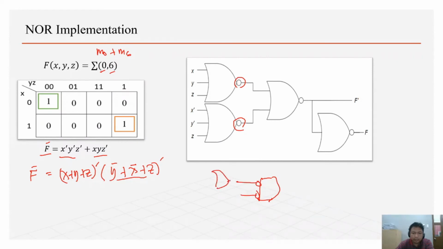And then, OR na may bubble, OR na may bubble. Okay? So, parehas lang sila. So, this, again, can be represented by OR gate. Now, if you want to get the function f, na hindi siya naka-invert, then you need just to put an inverter at f prime. So, ito, again, is just another inverter.